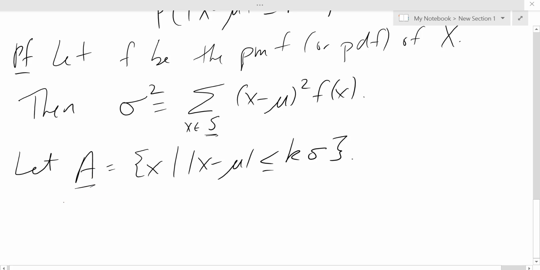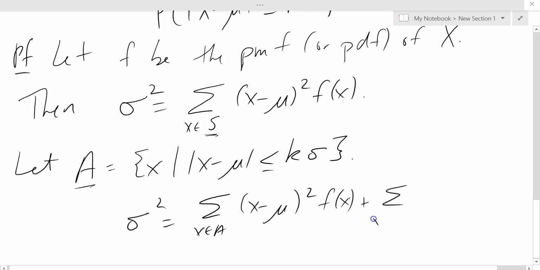And since they're disjoint, I can literally just split that into two pieces. Add up this thing over everything that's in A, and add up this thing over everything that's in A complement, right? We agree? So our sigma squared here will be the sum over everything in A plus the sum over everything in A complement.